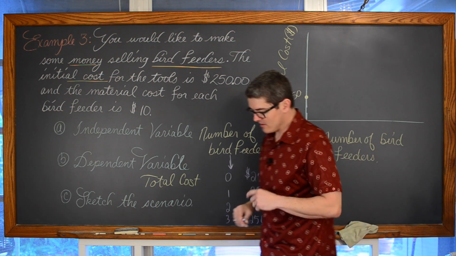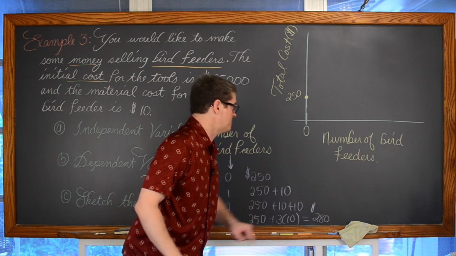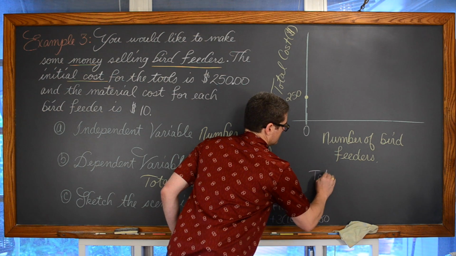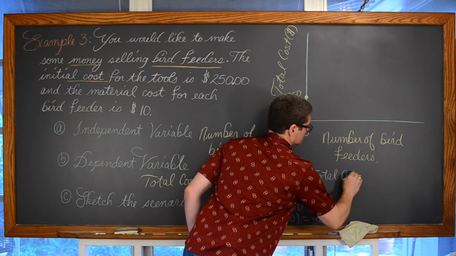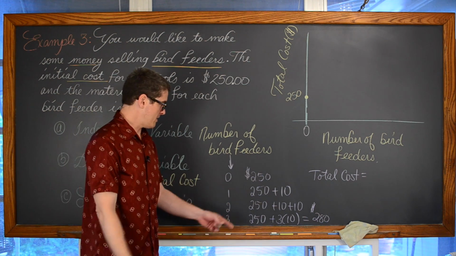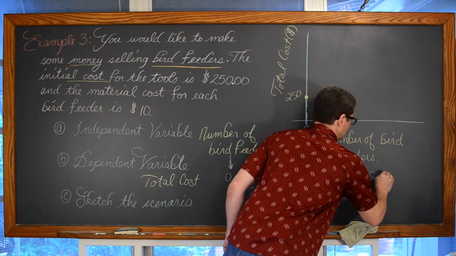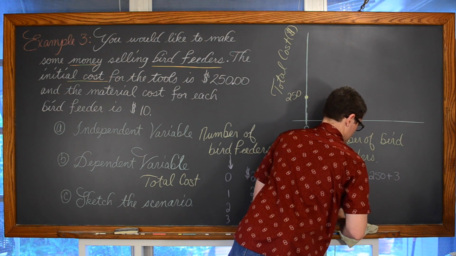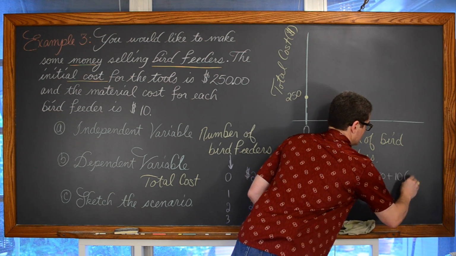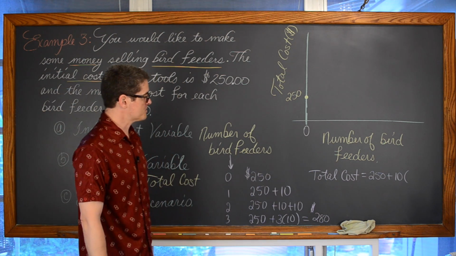Well, if you look at this pattern here, I have a total cost of $280, which is equal to, or found by doing, 250 plus $10 times the number of bird feeders we've made.